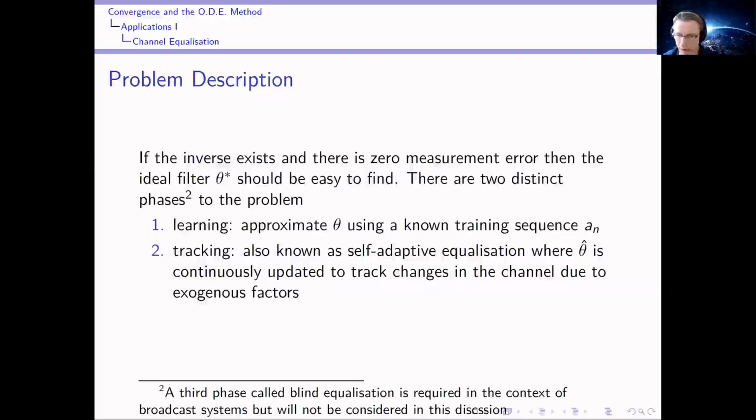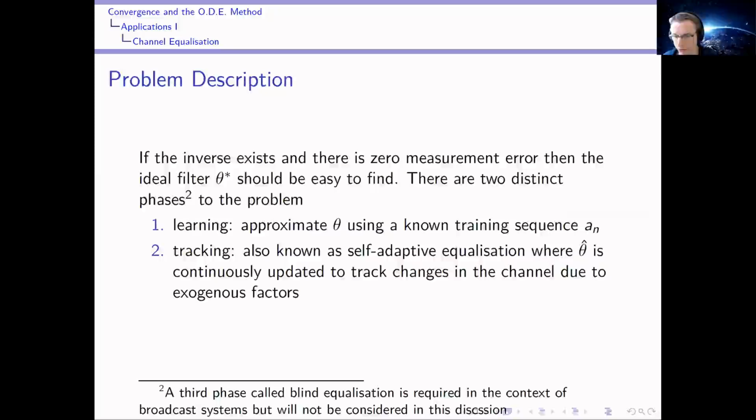Now there are at least two objectives to the identification problem. In the first objective, we're learning the channel, and so we're seeking to identify the parameterization of the inverse channel.